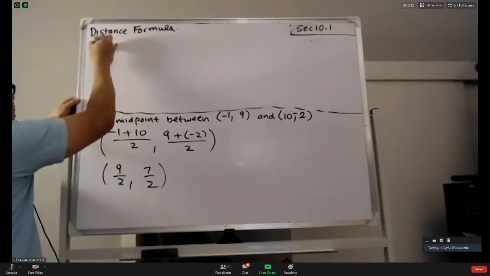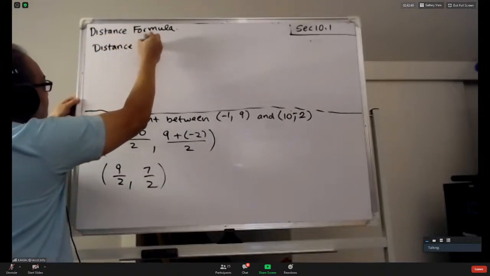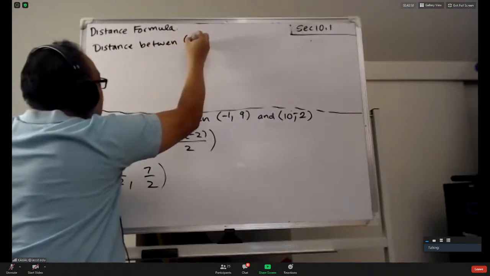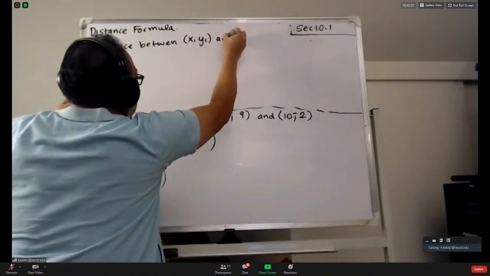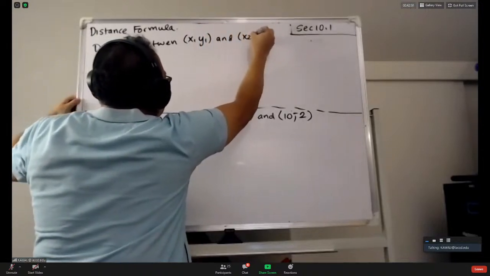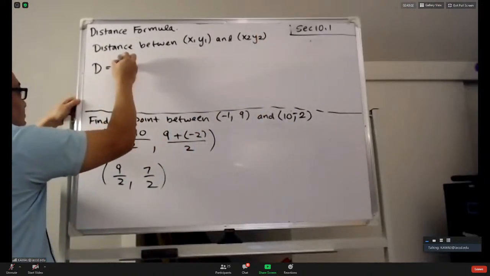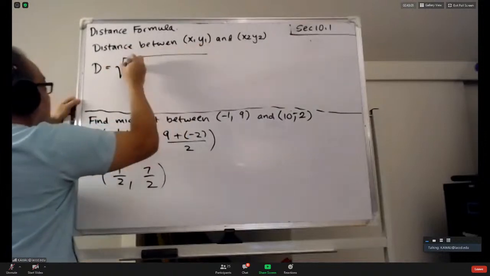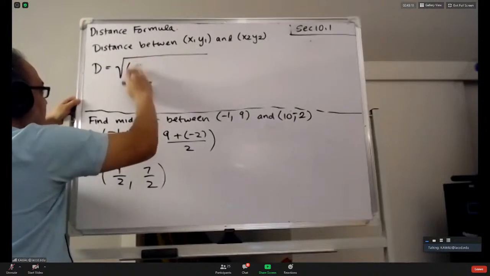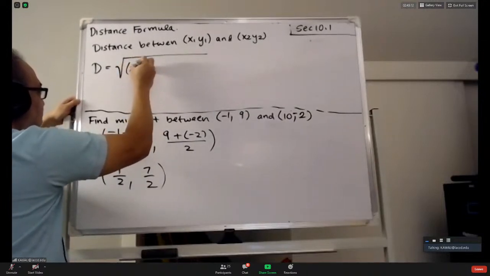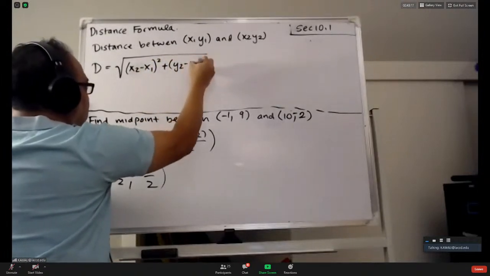The distance between (x1, y1) and (x2, y2) is the square root of (x2 minus x1) squared plus (y2 minus y1) squared.